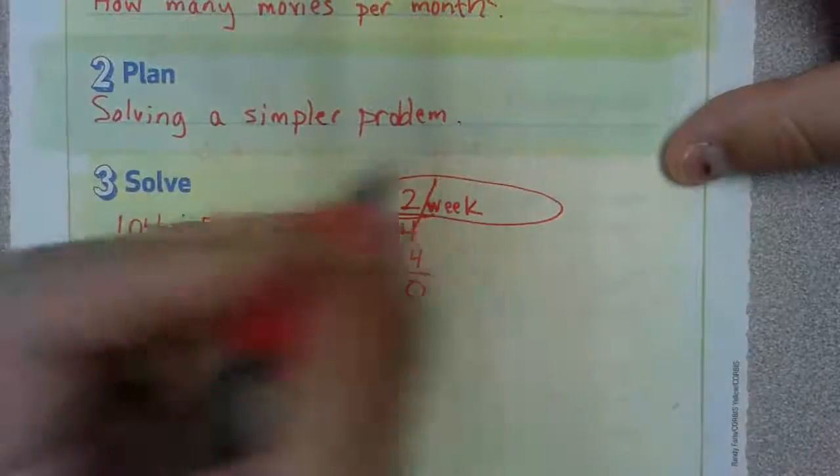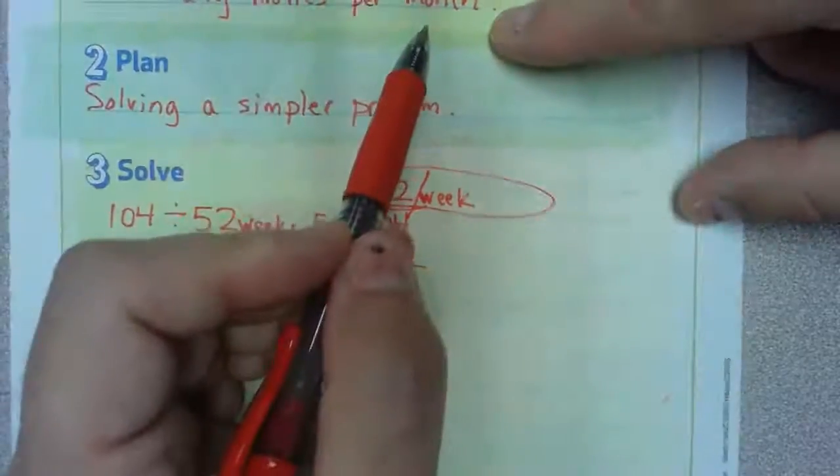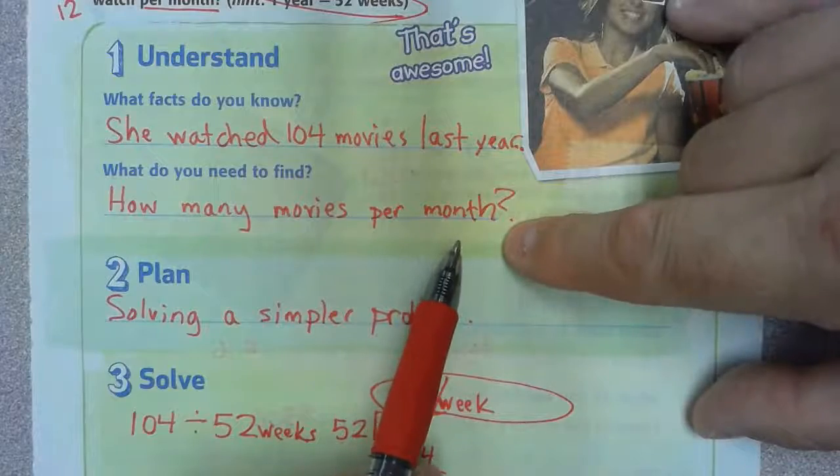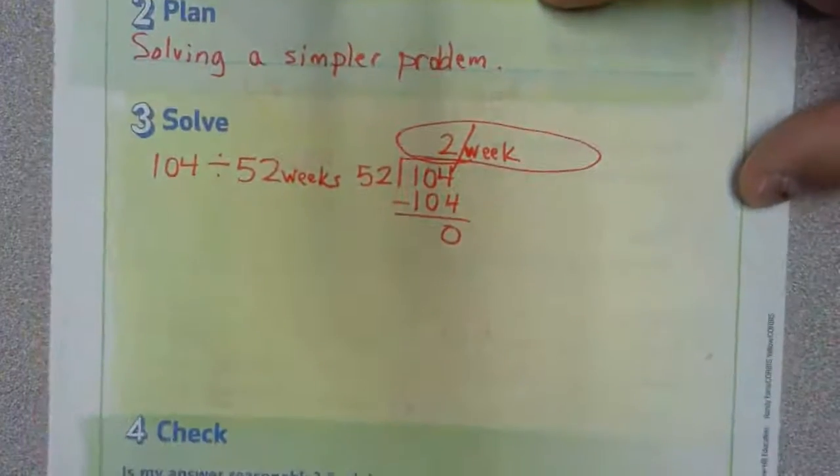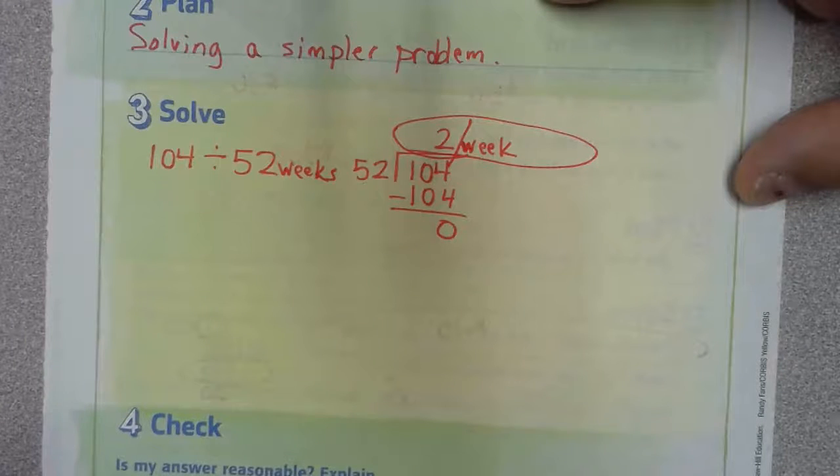Now, that's a week. But does that answer our question? We need to know what? So can anybody tell me what we should do now? We know per week, but how are we going to figure out per month? Brains are moving. Ethan, what do you think?